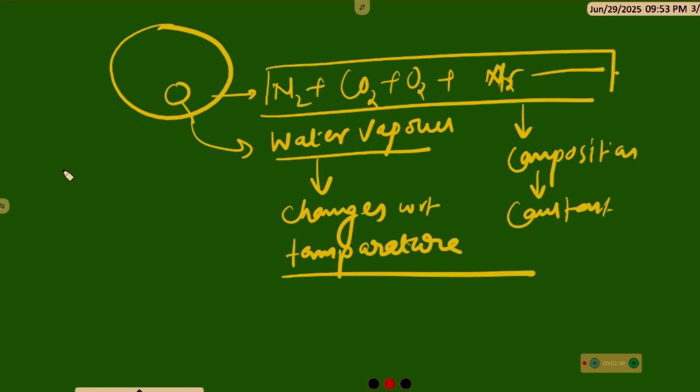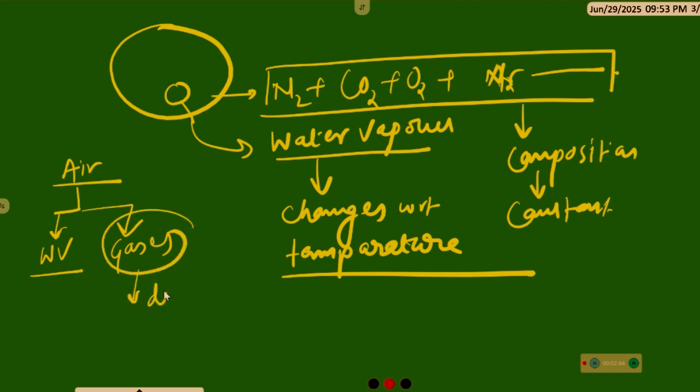Therefore, the air consists of the water vapor plus other gases. So this part we will call dry air, and the water vapor we will study with respect to the composition of dry air.